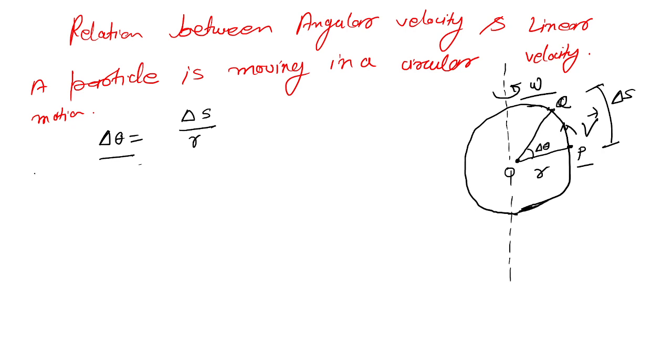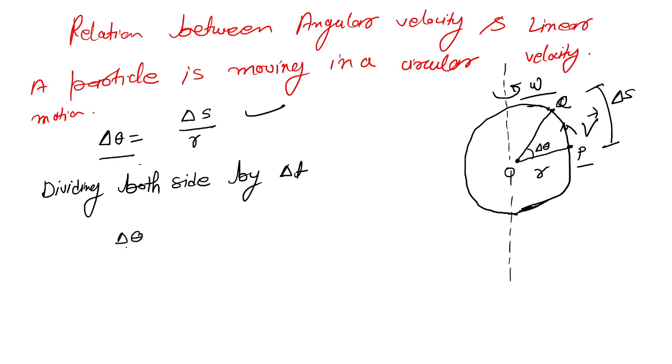Now dividing both sides by delta t, we come out with delta theta over delta t is equal to 1 over r delta s over delta t.